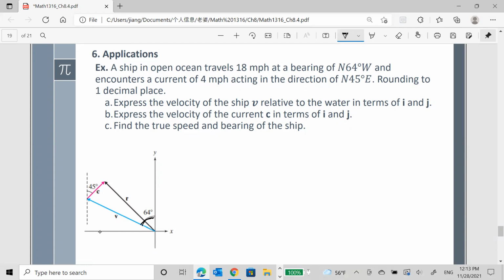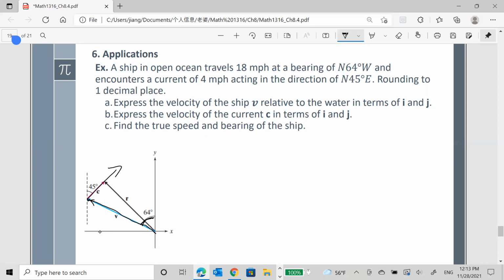If the ship were in still water, with no current, it would go in this direction. But there is a current, and the current is going in this direction at 4 miles per hour.